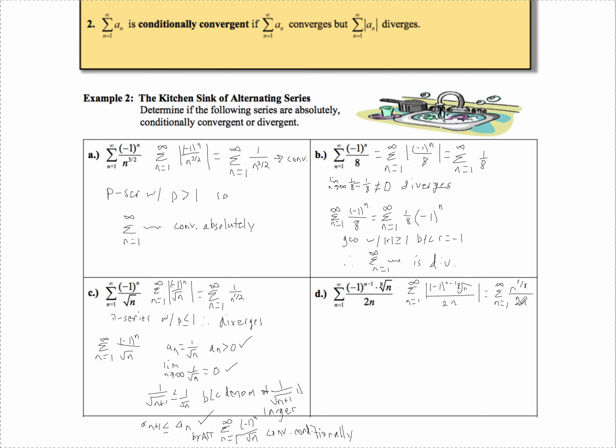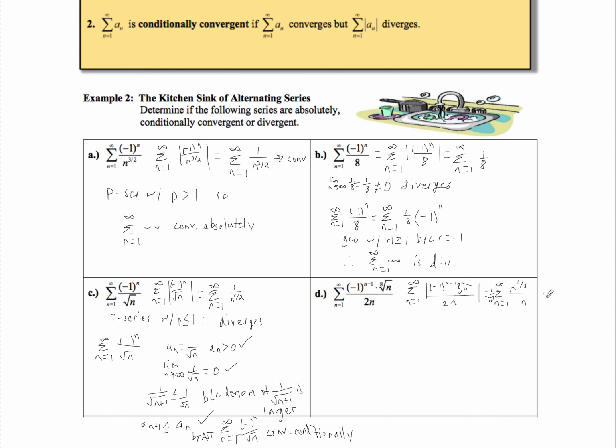This 2 I actually don't need to worry about. It's like having a half in front of this. So I could just pull that out in front, so I don't have to worry about that.